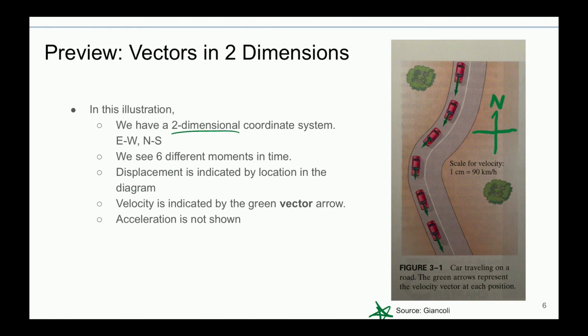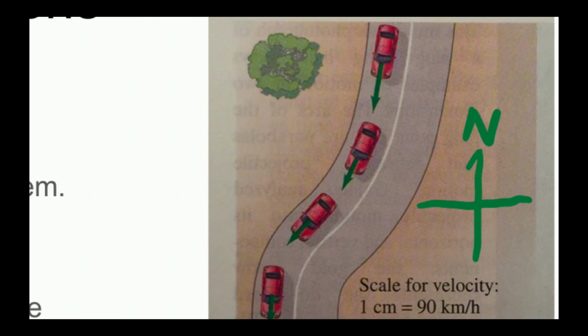All right, so let's look at a 2-dimensional version now. So 2 dimensions allows us to talk about motion, say, for example, on a road. So here's a picture of a car driving on a road. We see several different positions of the car at different moments in time, and the green arrow represents its vector magnitude and direction.